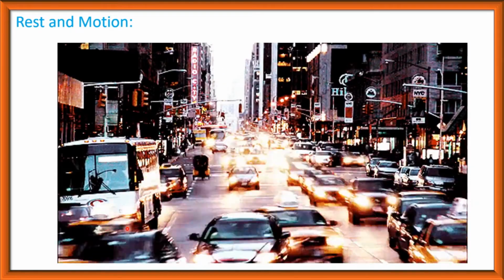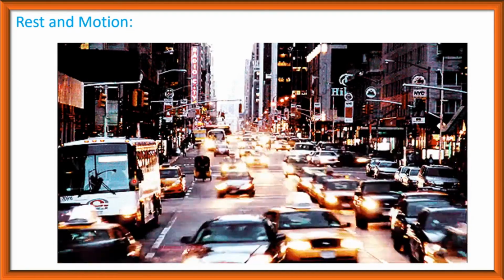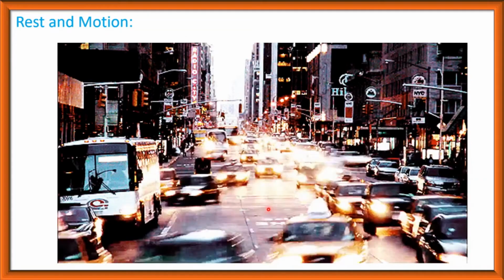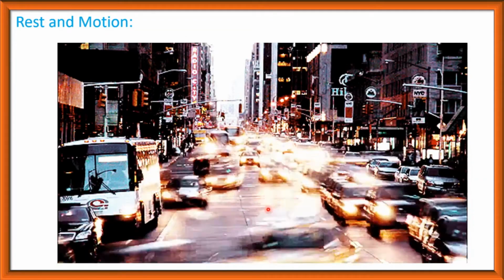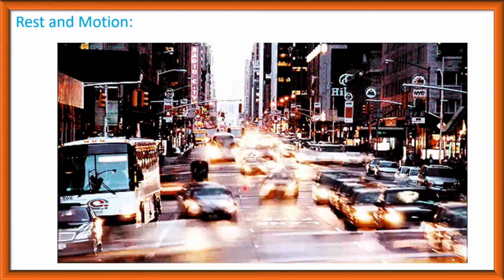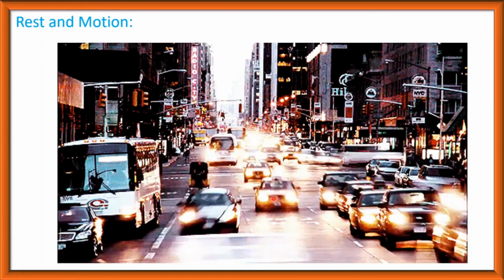Here, look at the pictures. With respect to the surroundings or any building, the position of this car is changing. So the state of the cars is motion, that is, these cars are in motion.